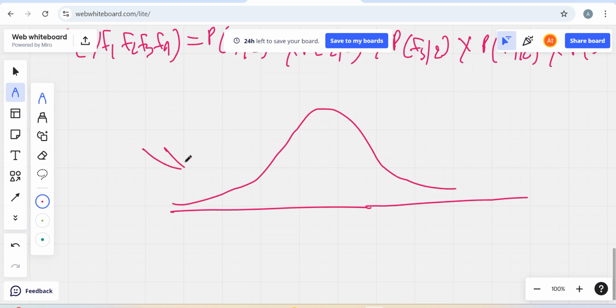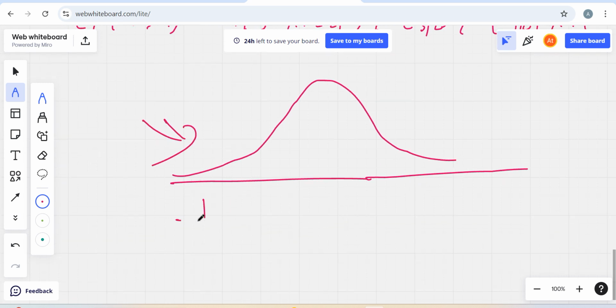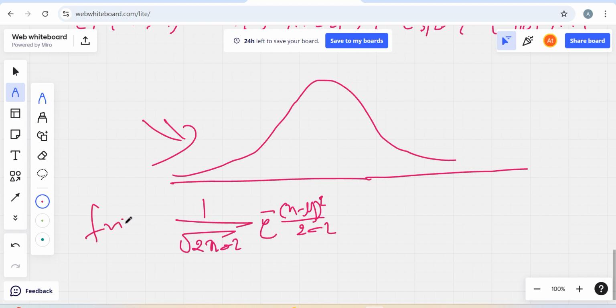The equation for a Gaussian distribution is e to the power minus x minus mu square over 2 sigma square. So this is my f of x, right? x is my value, suppose 3.2 I'm looking for.